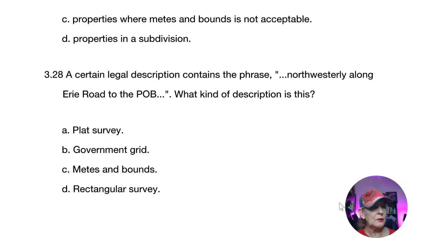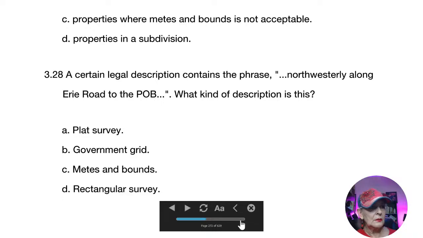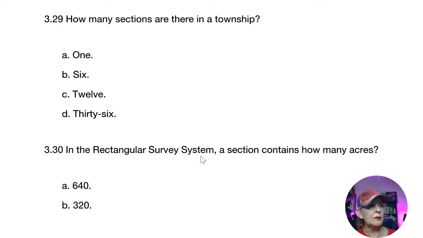I typed the answer already. Okay, number 29. How many sections are in a township? Well, I showed you that just a little bit ago when I mentioned sections, but if you don't understand the concept, then it might be challenging to answer this correctly.